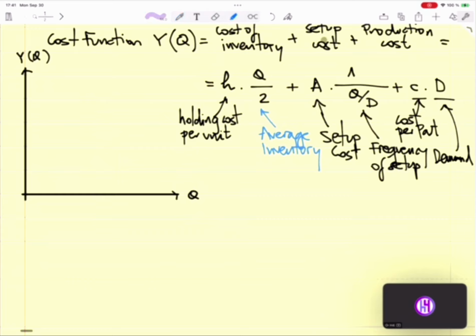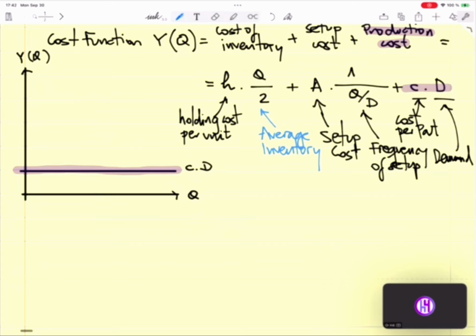Now imagine we represent the production cost. This is a constant. It doesn't depend on Q, so it can be represented as a line. This is the production cost, C times D.